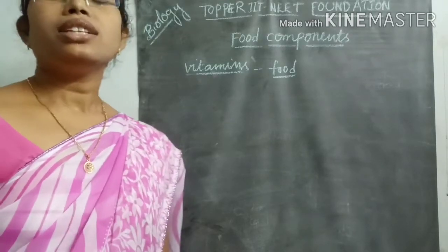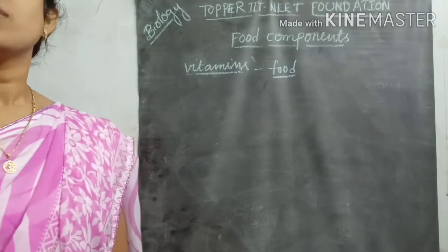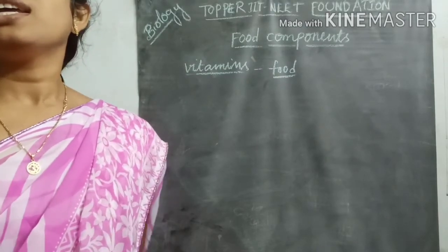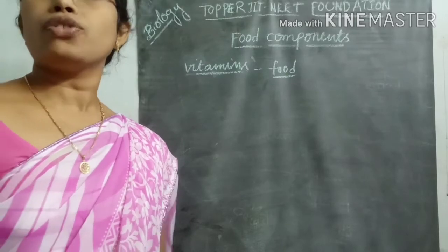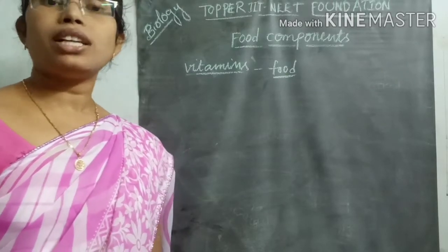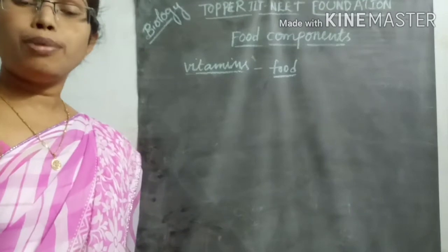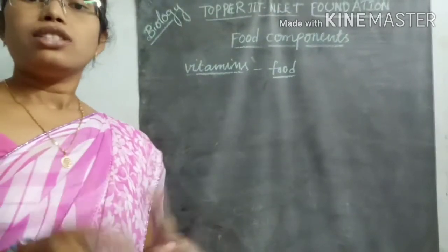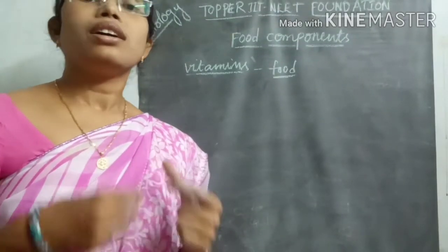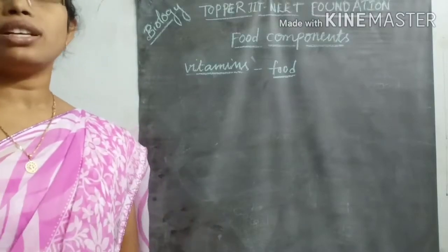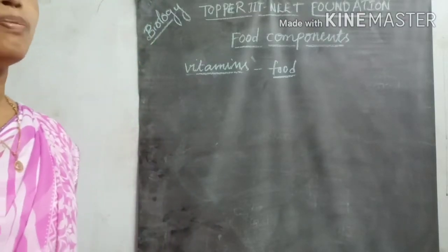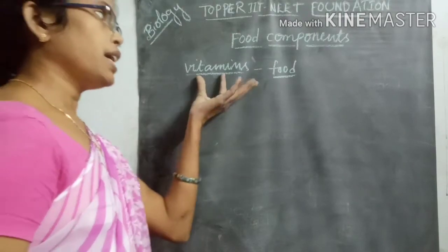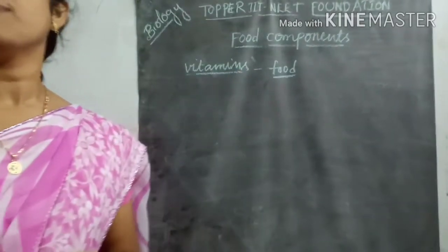There are different varieties of vitamins in nature, and they are useful for keeping our eyes, teeth, bones, or blood healthy. So all are certain metabolic functions. Good metabolic function will be maintained by the presence of these vitamins.